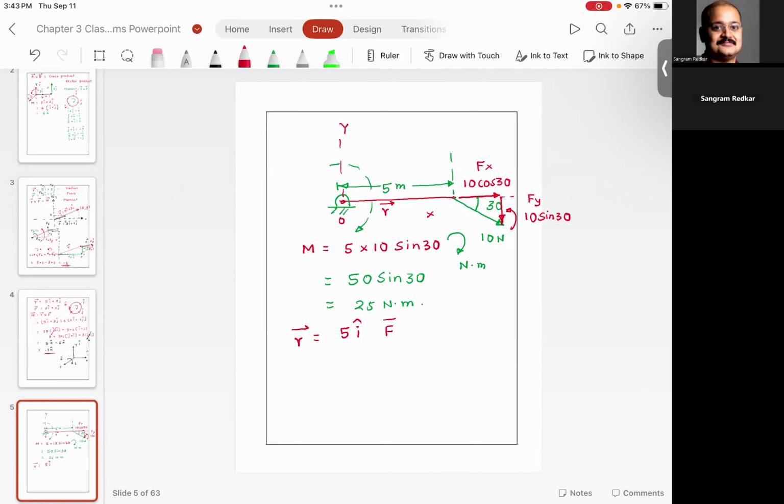Force can be represented as 10 cosine 30 i plus 10 sine 30 j. Then you can do the cross product, and you should be able to find the same answer.